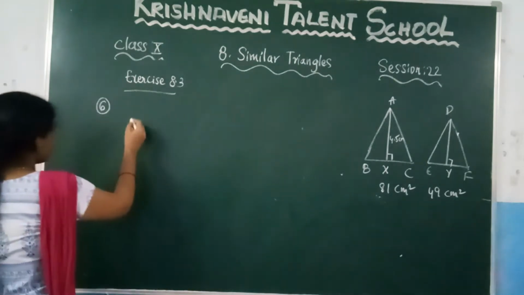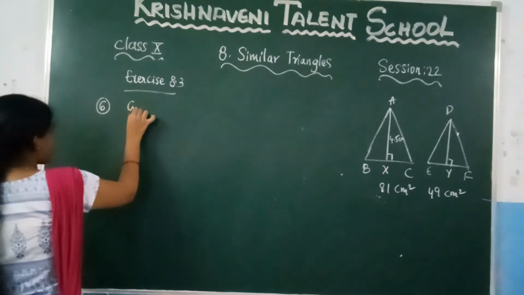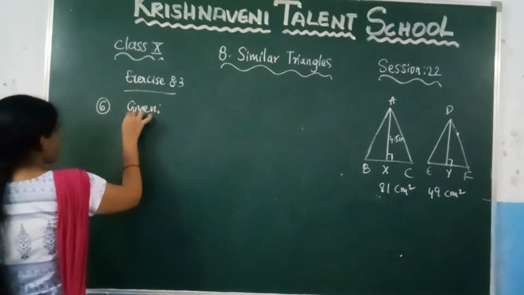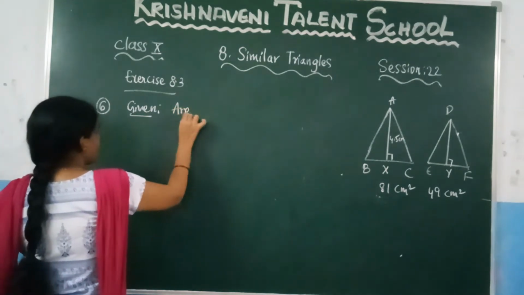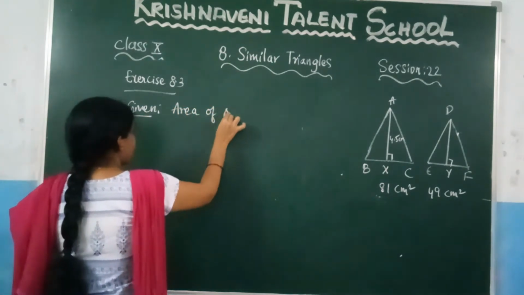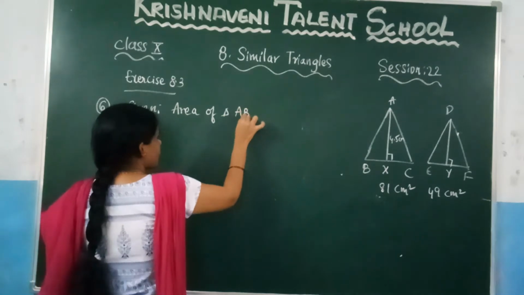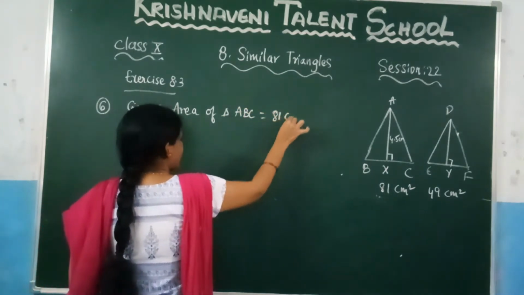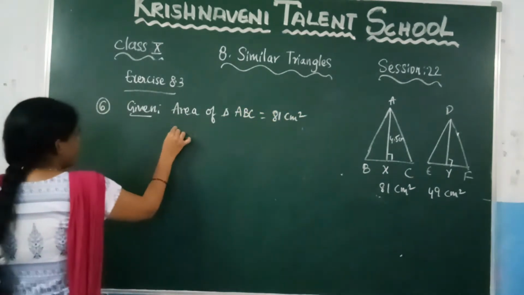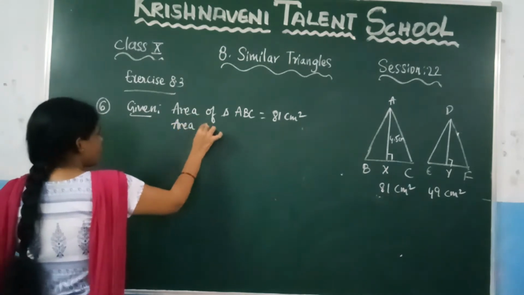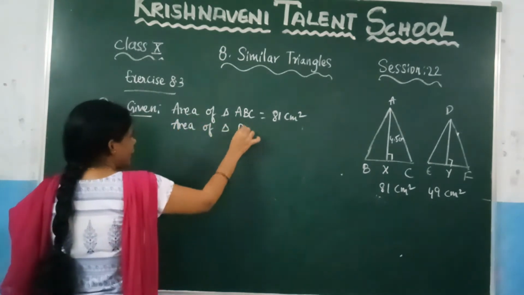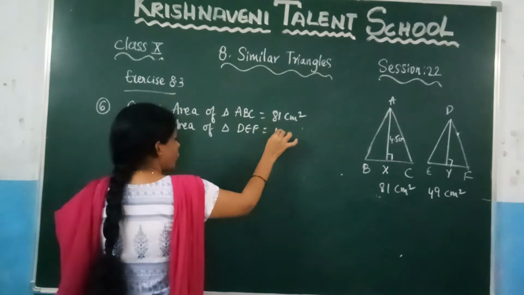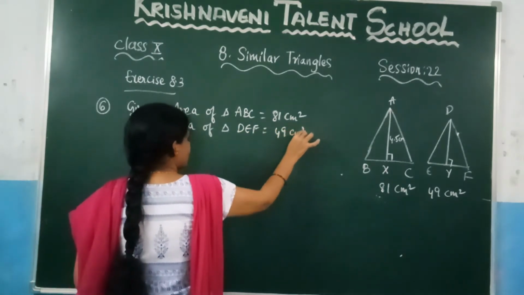Since we know that, let us first write what is given. What is given here? Area of the triangle ABC is equal to 81 cm square, and area of the triangle DEF is equal to 49 cm square.